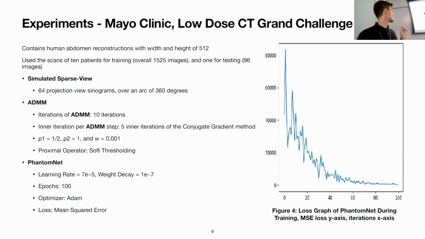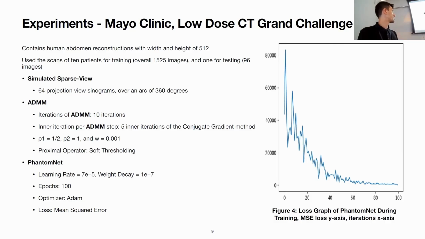I want to emphasize that the sinograms that we have used have been simulated by 64 projection views over an arc of 360 degrees. For the ADMM, which we just mentioned, we used 10 iterations. You could use more here, but time was of the essence for us.